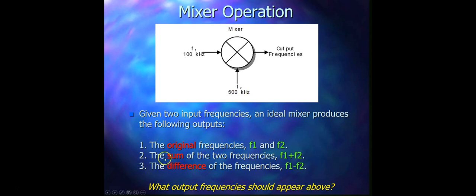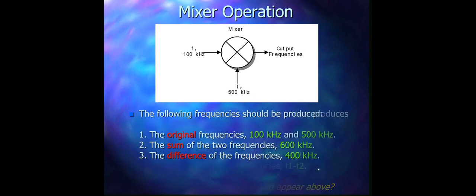Then we have another frequency which is the sum of these two, and the sum of F1 and F2 is 600 kilohertz. The difference of these two frequencies is our other frequency, and here the difference is 400 kilohertz. So it's the same thing: 100, 500 kilohertz, and then 600 kilohertz and 400 kilohertz.